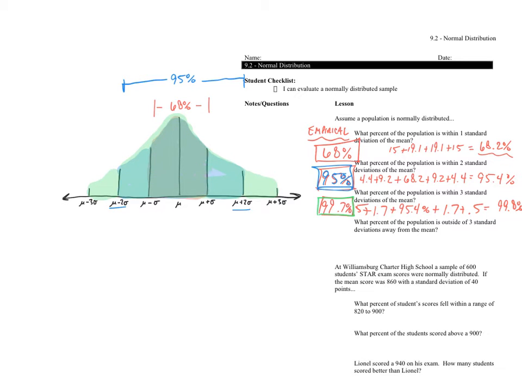Which means if you have normally distributed data, and I'll call this 99.7%, that gets us out to here. If you have normally distributed data, you'll find that 99.7% of your population is within that range. Very few people would be on the outside, but if we really did want to calculate how many people would be on the outside, in an actual value, that's just the 0.2 that aren't there.